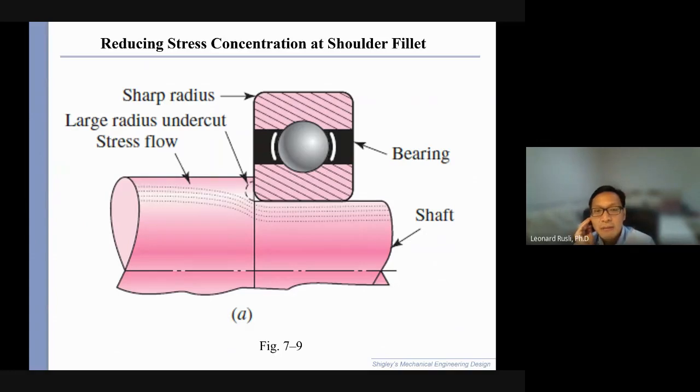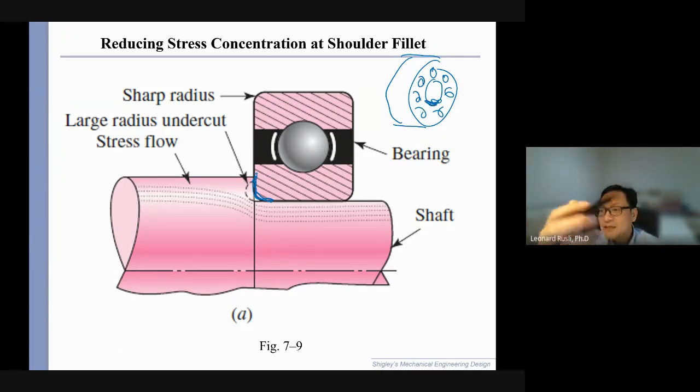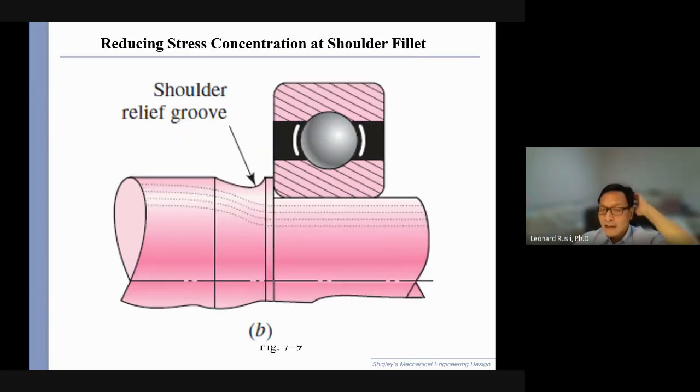Every time you put a bearing on, the bearing itself has a radius. A ball bearing's edge is somewhat sharp, on purpose, because it allows you to follow that radius. So for a bearing with balls inside, the inside is not sharp. It has a radius, and so when you fit the bearing on the shaft shoulder, you just follow that radius. You can also add an additional relief groove like this.